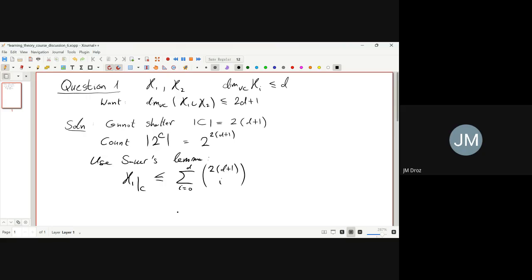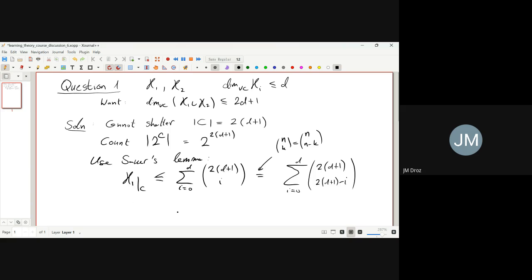And now we observe that this is also equal, just by a property of the binomial coefficient, to the sum from I equals 0 to D of 2D plus 2 choose 2D plus 2 minus I. And so we observe that both H1 and H2 restricted to C have this property.